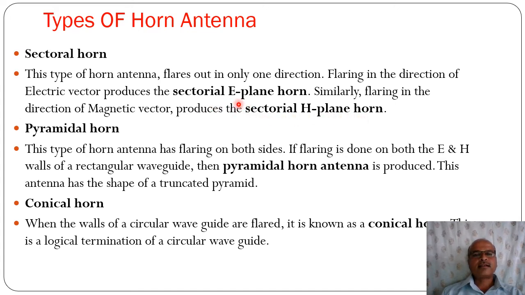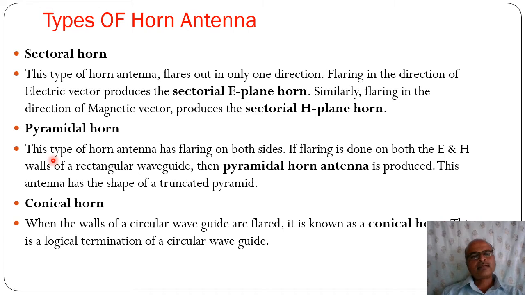So these terms come, that is sectorial E-plane horn, sectorial H-plane horn. When flaring is done in the direction of the electric vector, then sectorial E-plane horn is produced, and when flaring is along H, that is in the direction of the magnetic vector, then it is called a sectorial H-plane horn. The next horn is a pyramidal horn.